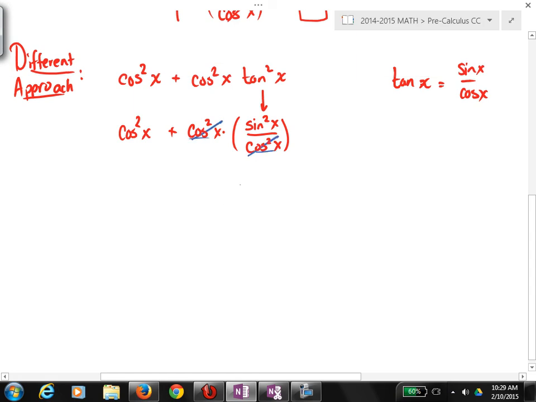Yeah, they'll also cancel each other out. What are you left with? Cosine squared of x plus sine squared of x, and this is a Pythagorean identity where if I ever see cosine squared of x and sine squared of x, all of that is just equal to 1.